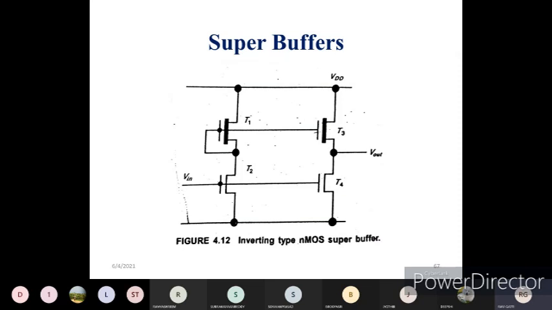You can see we have a depletion transistor followed by one more transistor, and one more depletion transistor, below which there is a MOSFET transistor. We have connected one transistor and one more transistor. But the difference between the normal inverter and the super inverter is here.